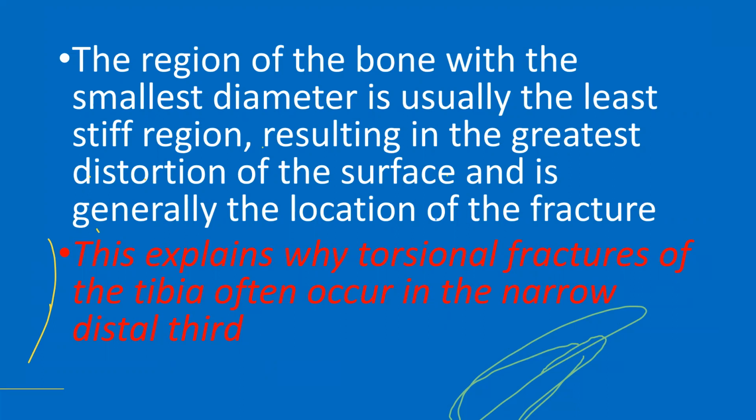This explains why torsional fractures of the tibia often occur in the narrow distal third. With the ski boot, you have a twisting motion. It's the narrowest area. Therefore, you have a spiral fracture.